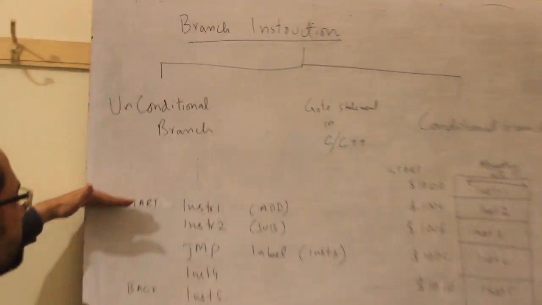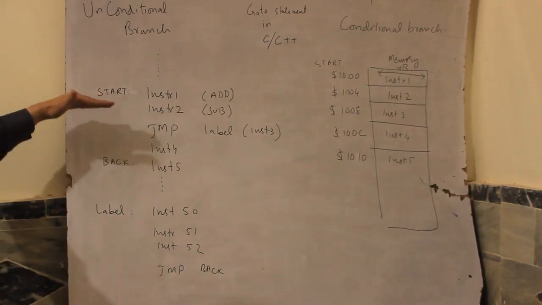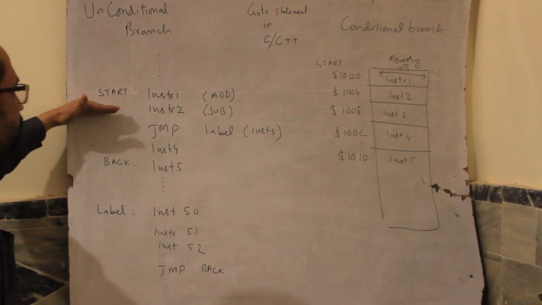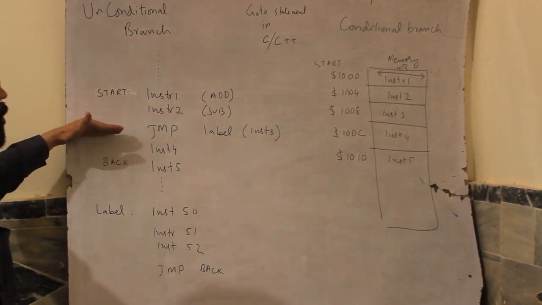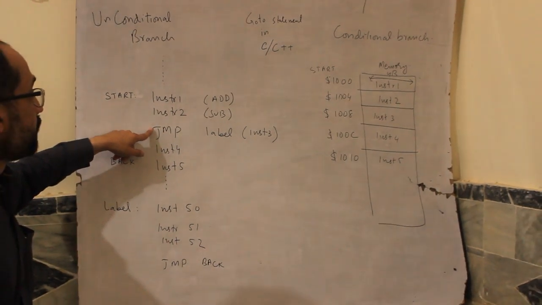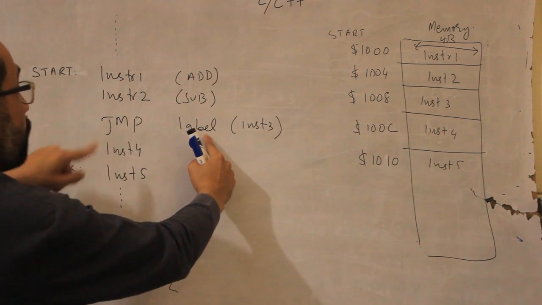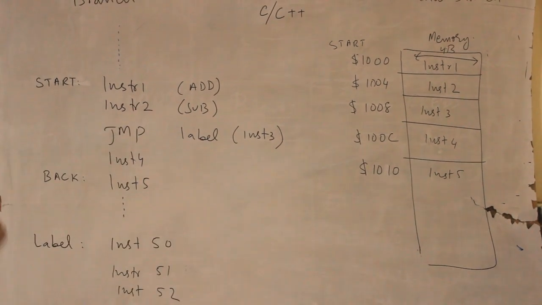Let's assume that the control of the program is here. If instruction 1 is executed, the next instruction that has to be executed is instruction 2, and then we encounter a jump instruction. When a jump instruction is encountered, the control will be transferred to label. Now what is label? Label is actually an address.